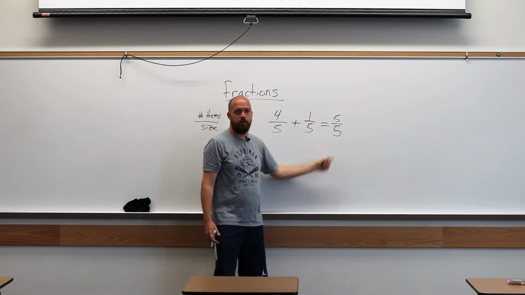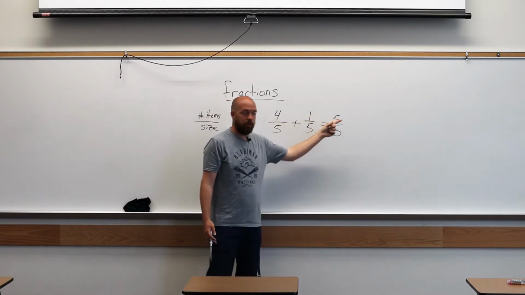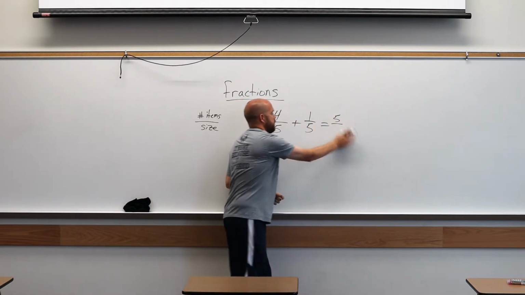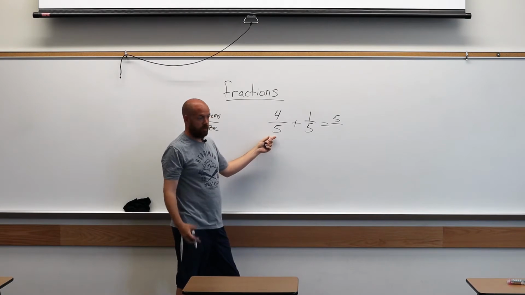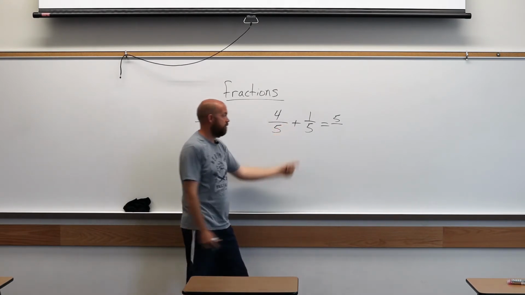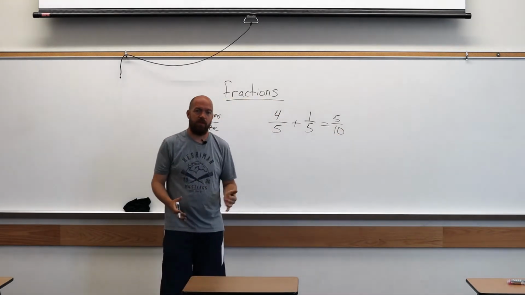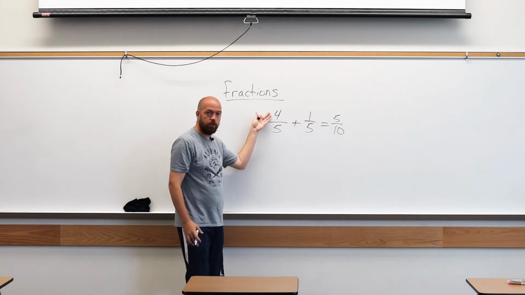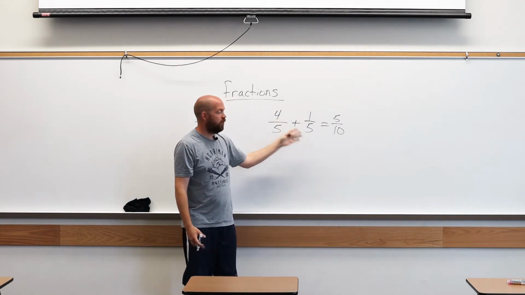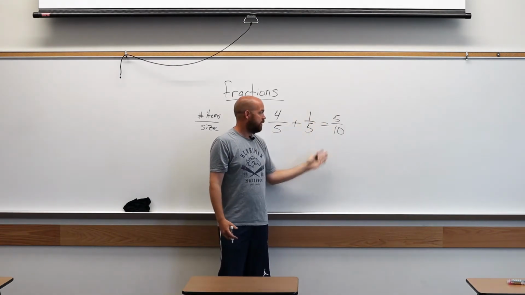A common mistake I see when you're adding fractions together is, you add the tops together, the numerators, 4 plus 1 is 5. But a lot of times people aren't sure with the denominators, they see this plus sign, and they're like, oh yeah, 5 plus 5 is 10. Well, that doesn't really make sense, because if I have 4 pizzas split between 5 of my buddies, plus we order another pizza split between 5 of my buddies, you don't somehow get 5 pizzas split between 10 of my friends.